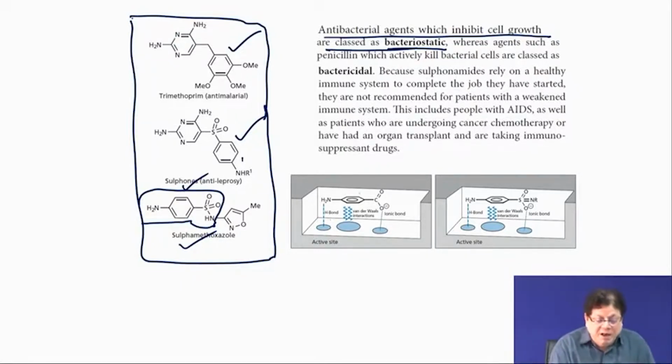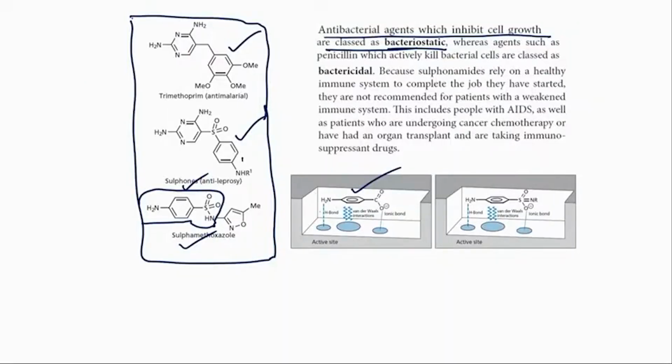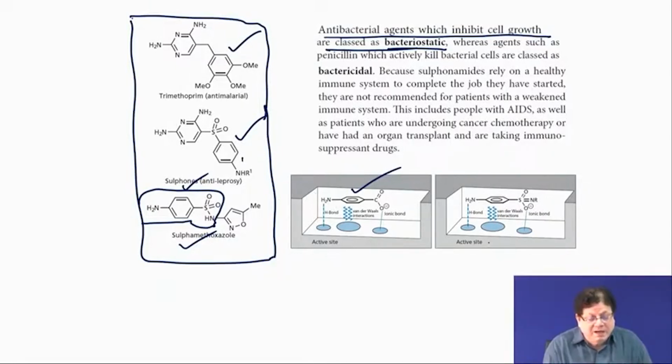So, para-amino benzoic acid has to be incorporated into a pyridine nucleus, which is a dihydropyridine nucleus. If you remember, go back to your earlier notes, it is the 7,8 dihydropyridine that is formed. That reacts with para-amino benzoic acid, and the enzyme that does that is called pteroate synthase.